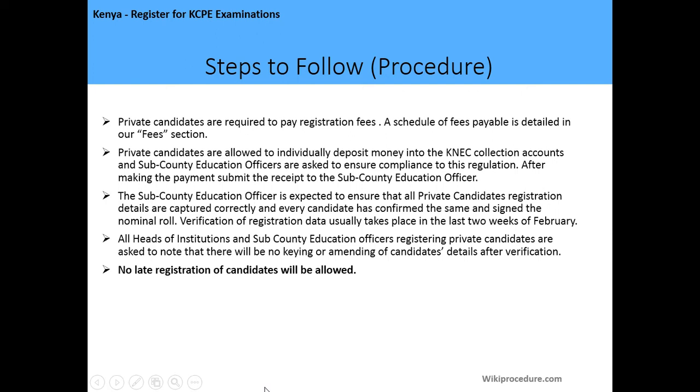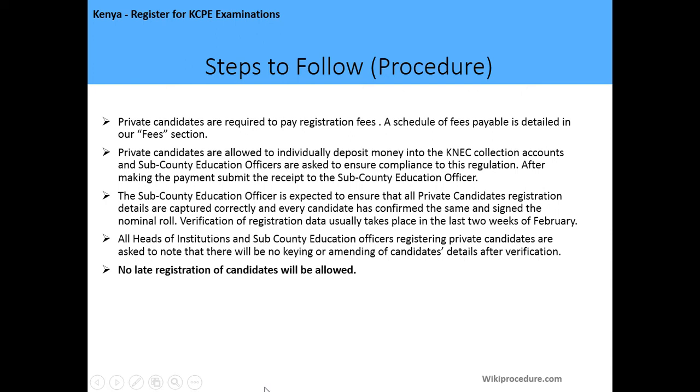Private candidates are required to pay the registration fees, and a schedule of fees payable is detailed in our fees section. You are going to go through the fees as we move on. So private candidates are allowed to individually deposit money to the NEC collection accounts, and sub-county education officers are usually asked to ensure compliance to these regulations.